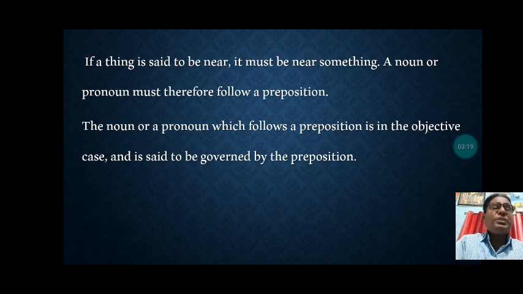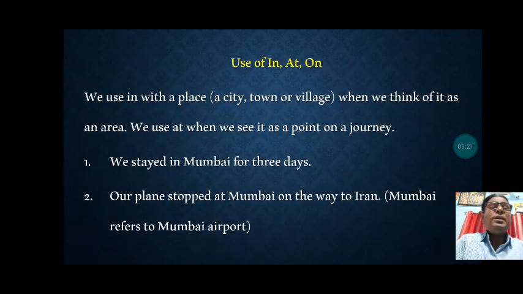You can see in the examples we are going to use some prepositions like in, at, on, and that will be clear. So we are going to learn the use of in, at or on. We use in with a place like a city, town or village when we think of it as an area, and we use at when we see it as a point on a journey.